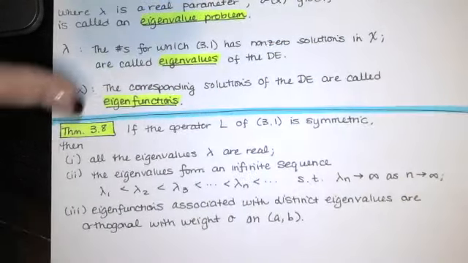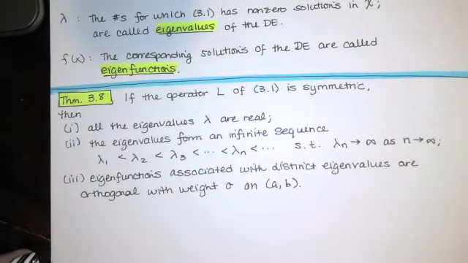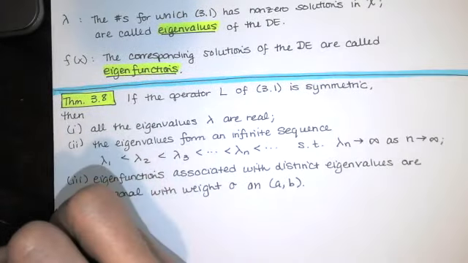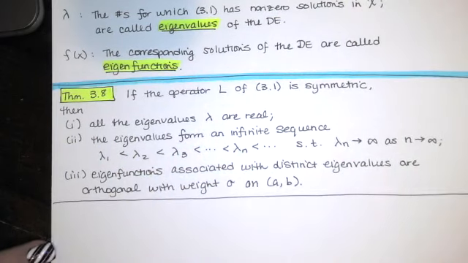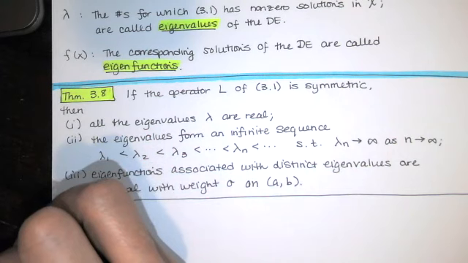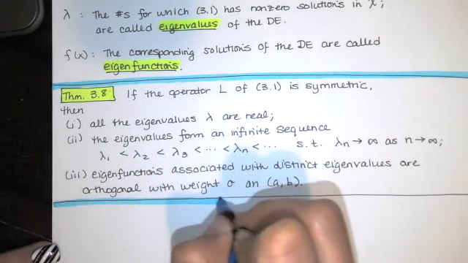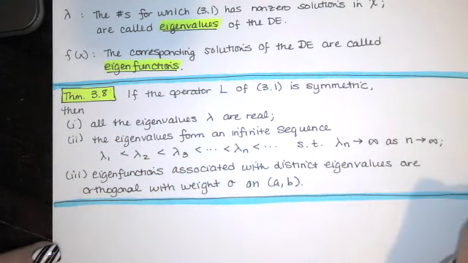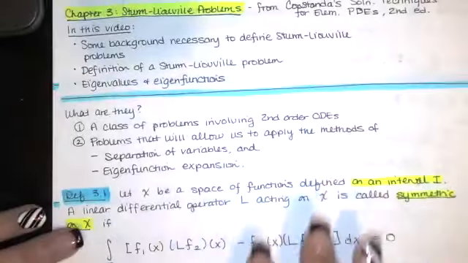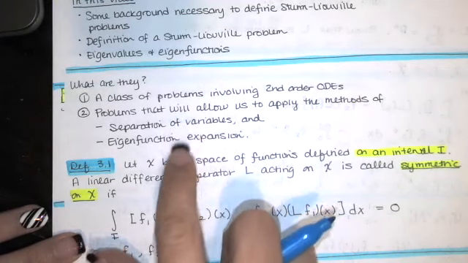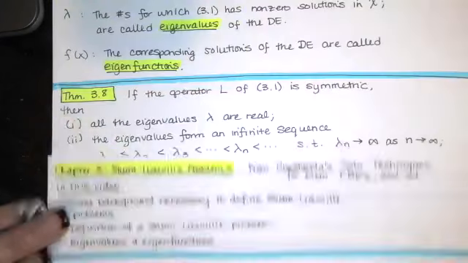This is a class that if you are a physics major, or if you are interested in physics, it's really helpful to understand just the basics of how Sturm-Liouville problems work, and then how those contribute to solving, what did we say, problems using separation of variables and eigenfunction expansion.